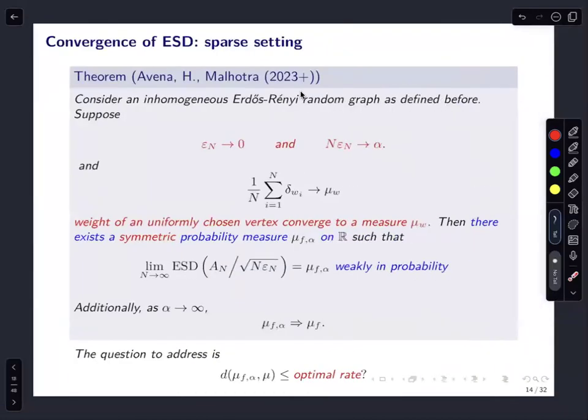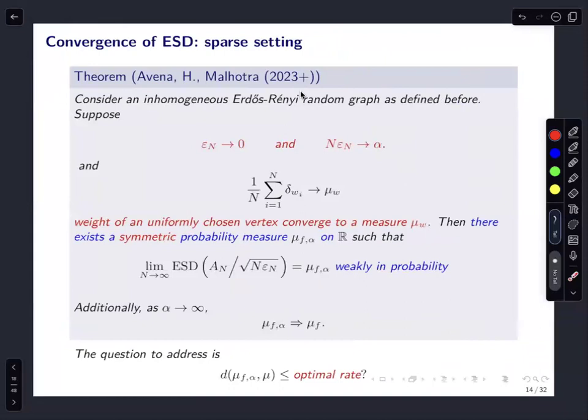And what I say is that there is a symmetric probability measure which depends on f, my connectivity function, and also alpha, such that the empirical spectral distribution, if I scale it again by square root of n epsilon, converges to mu f alpha. Now here, the measures are not really compactly supported.